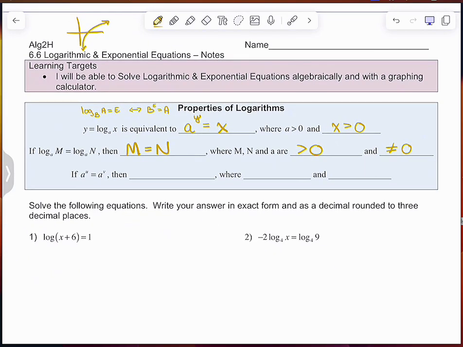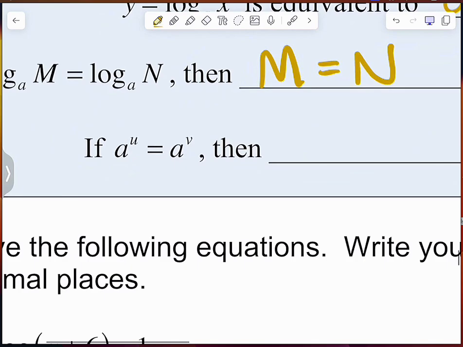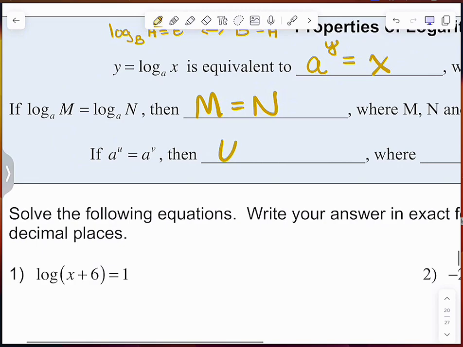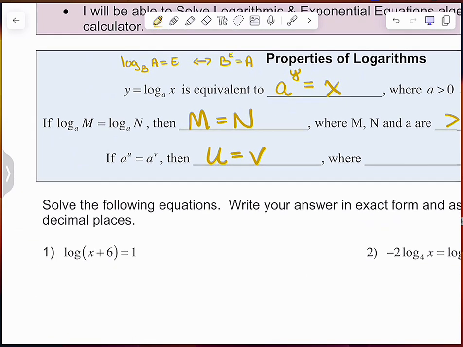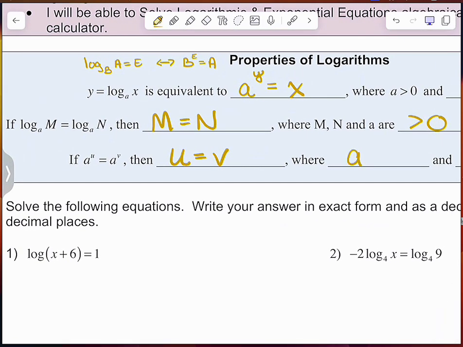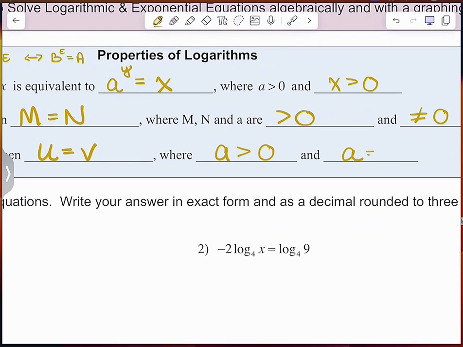They wanted us to say positive and non-negative. Greater than 0 covers everything. And then the last one, if the bases are the same and there's no extra stuff, then the exponents are the same. U equals V. Again, a is supposed to be greater than 0 and not equal to 1.